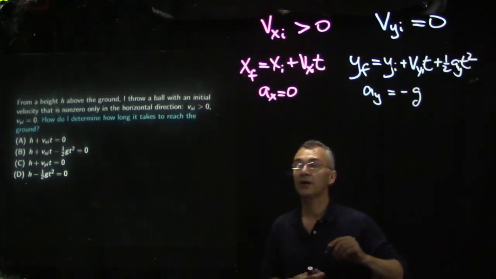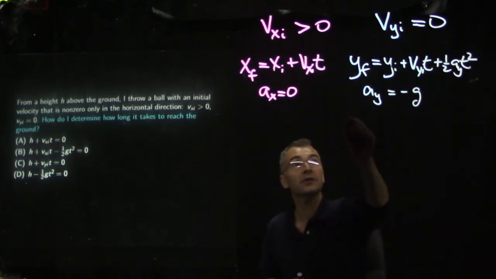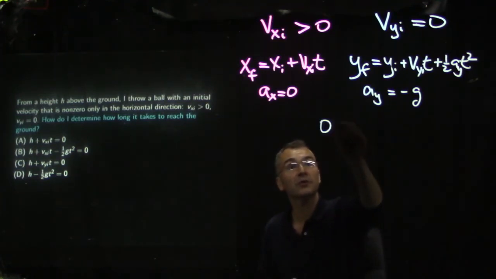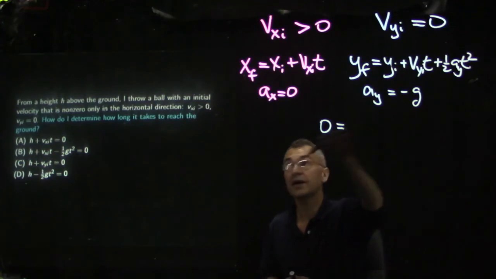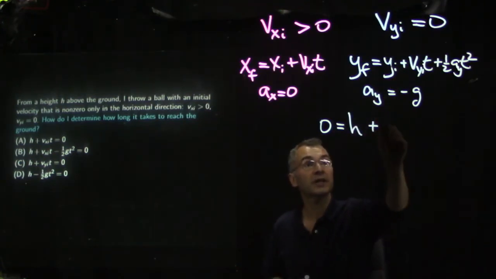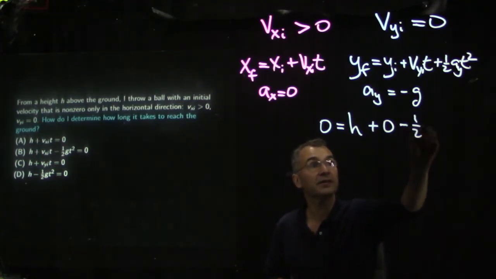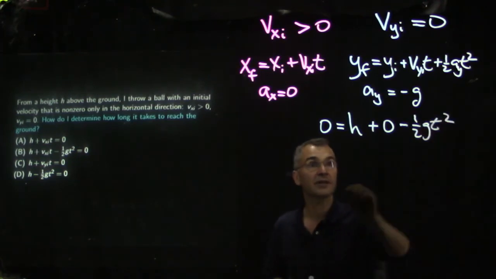So let's say y final is 0 because the ground is at y equals 0. Y initial is h. And then we said v sub y is 0. And then we said a sub y is minus g, so that's minus 1/2 gt squared.